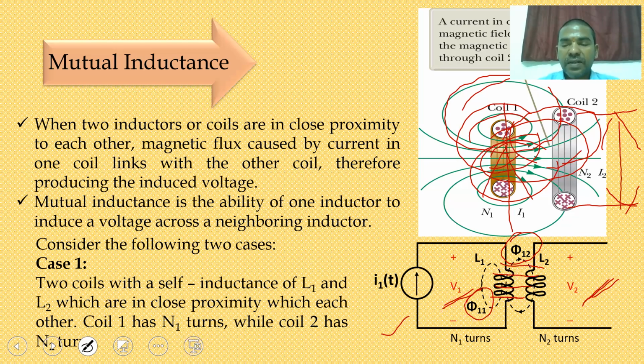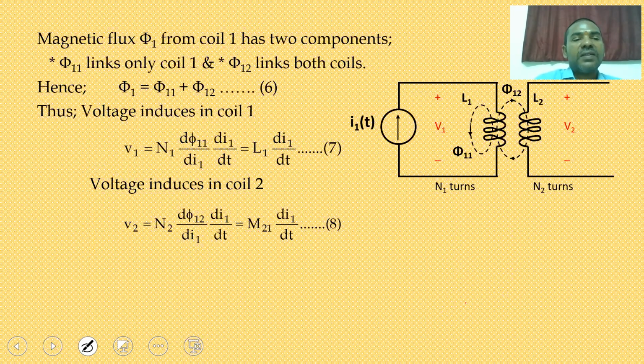So with respect to this, I am writing the KVL equation. Total flux phi 1 is equal to phi 11 plus phi 12. Self flux is phi 11, and the flux linkage between coil 1 and coil 2 is phi 12.